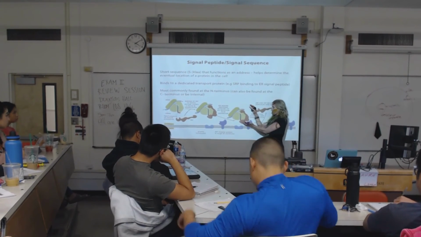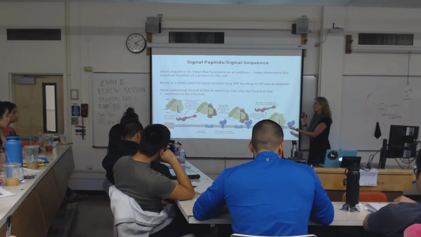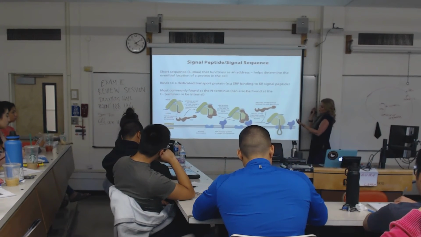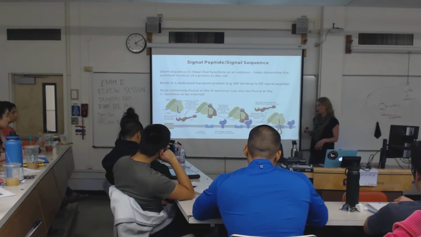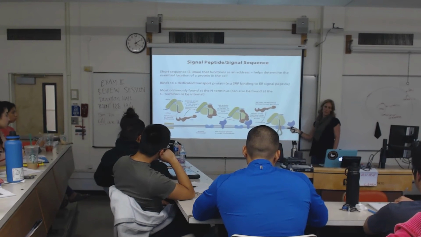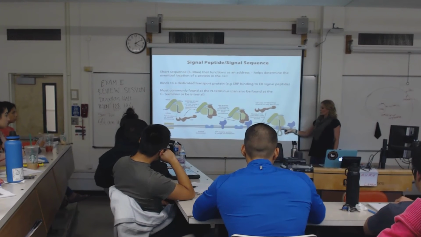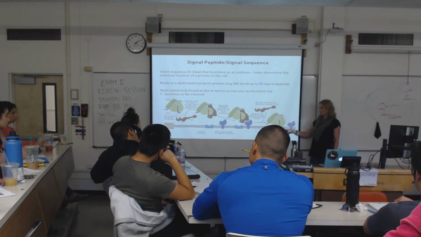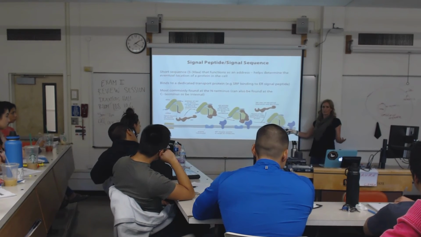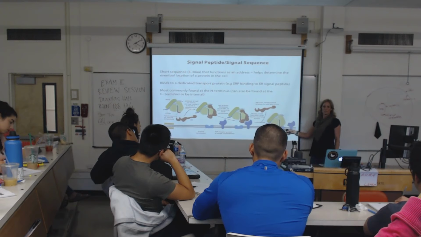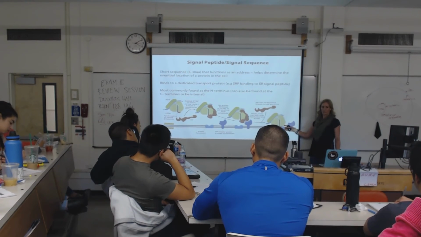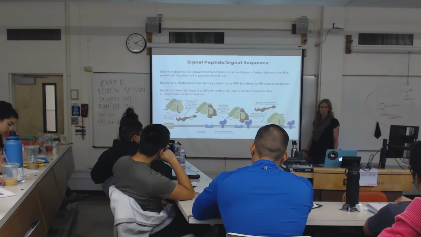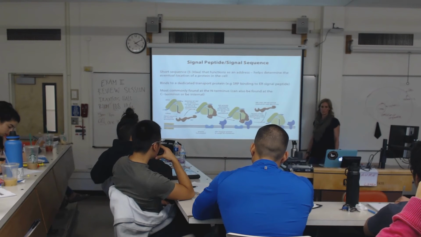It causes a conformational shift in the structure of SRP so that it can let go, but its work is already done because it nicely passes off the whole complex to the protein translocator, which this first signal, the ER signal sequence, also functions as that initial start-stop transfer sequence. So protein translocator is like, oh, I got you, friend. And it starts translocating it through into the ER lumen. Okay, good?